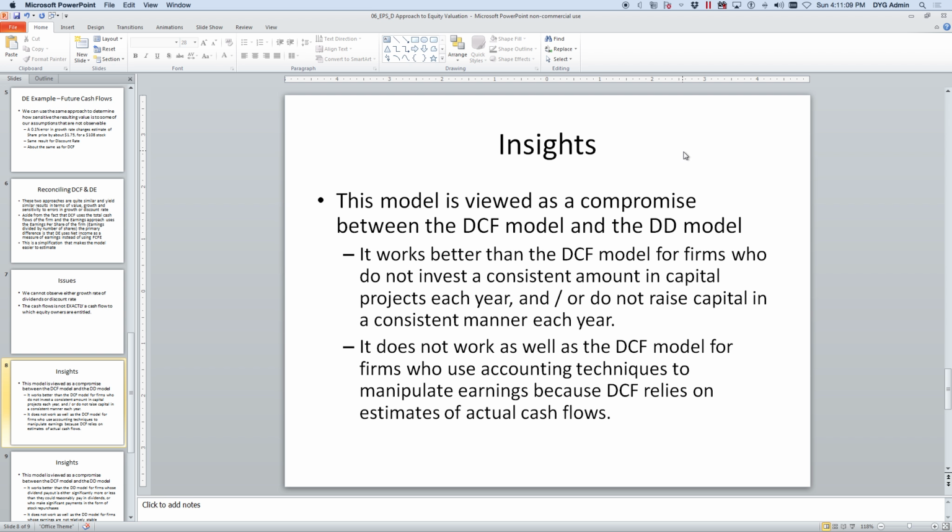It does work better than the DCF model, so a model that uses free cash flows to equity, for firms who either do not invest a consistent amount in capital projects each year or do not raise capital in a consistent manner each year. The reason for that is this earnings discount model, the net income doesn't get adjusted for net capital investment or net borrowing, and so it's not sensitive to that.